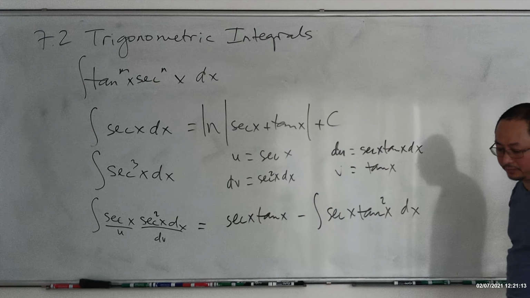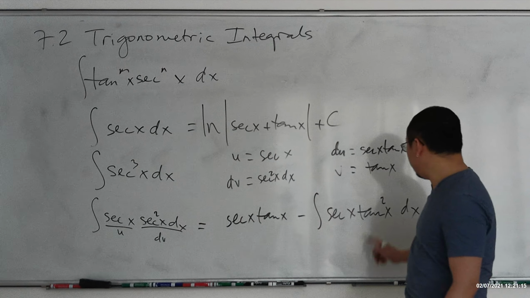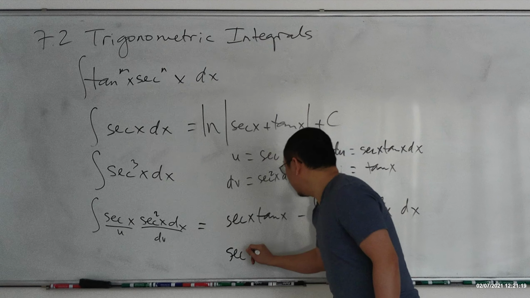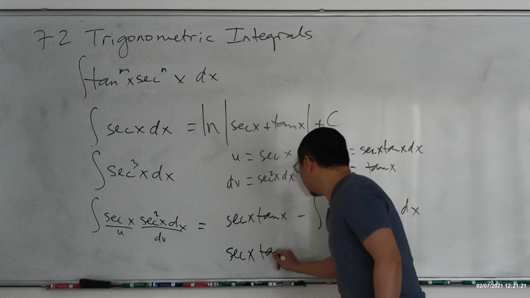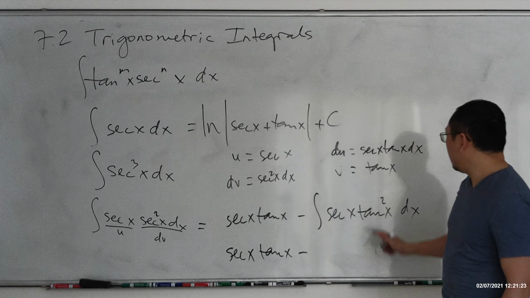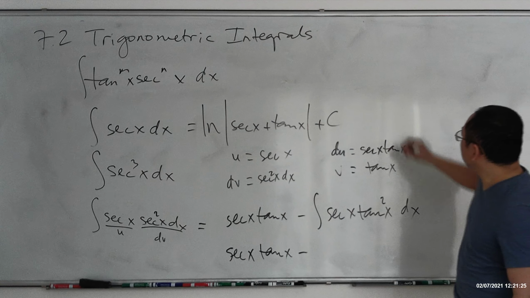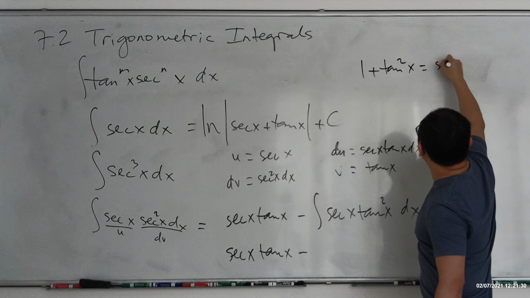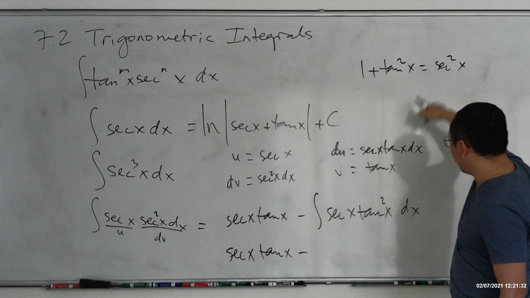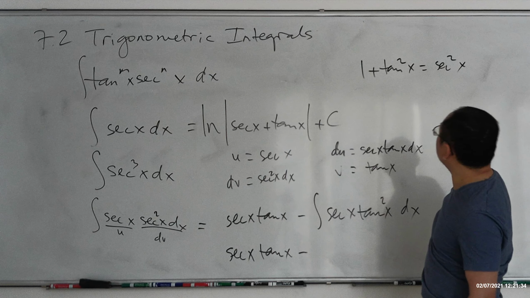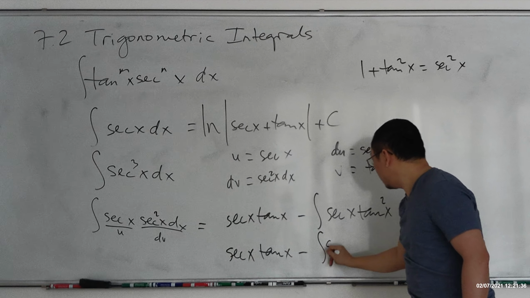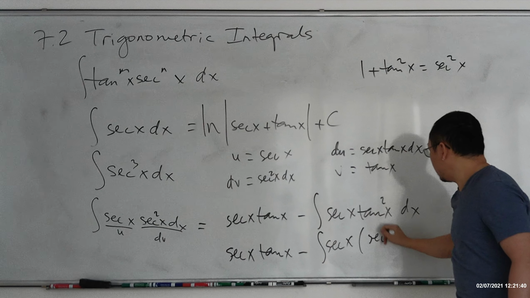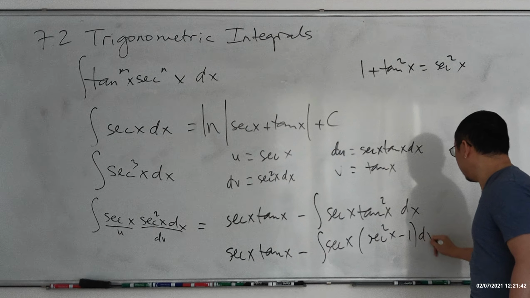And here we have to do a little trick. I know that 1 plus tangent square of x equals secant square of x, so tangent square is secant square minus 1. So integral of secant of x times secant square of x minus 1 dx.